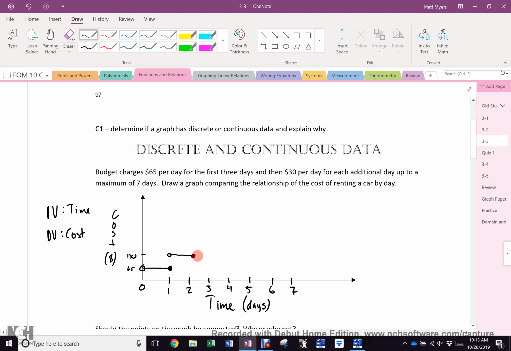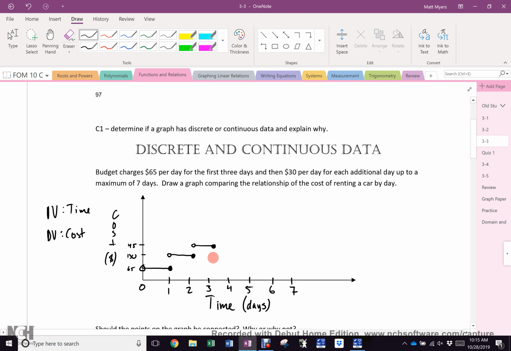Closed. What happens on day 3? How much do I go up to? 195. Open or closed at day 2? Open, line, then what? Closed. Nice. Now something weird happens here. What happens now?